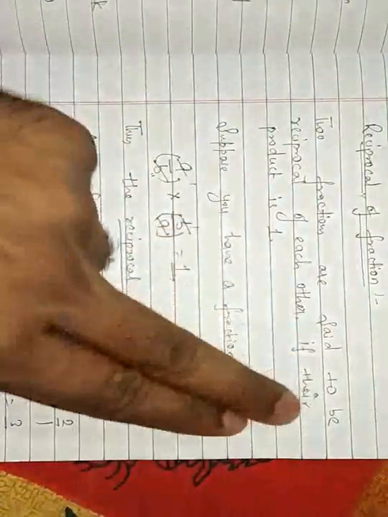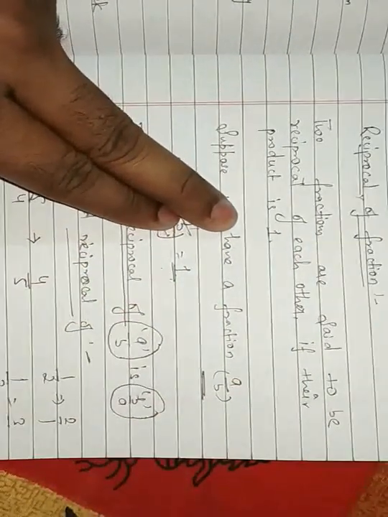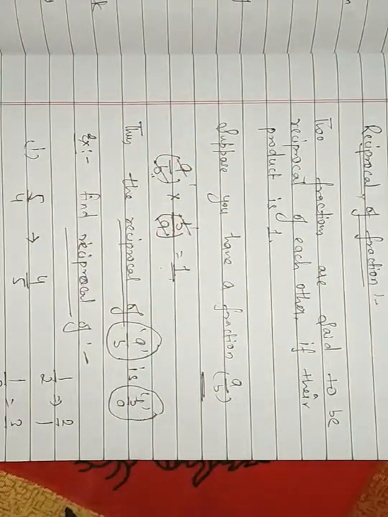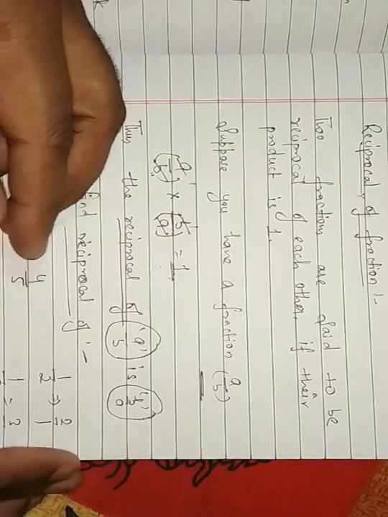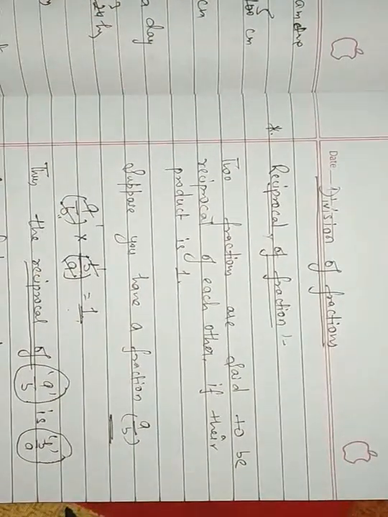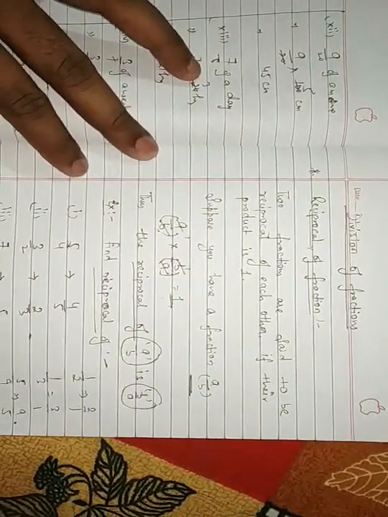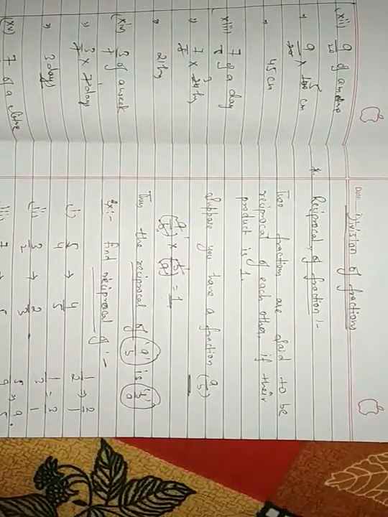Two fractions are said to be reciprocal of each other if their product is 1. Or simply we can say the reciprocal is that number with which, if we multiply the original number, the result is 1. If you are asked to define reciprocal, first of all, note down this page in your copy. I am giving you 2 minutes time.